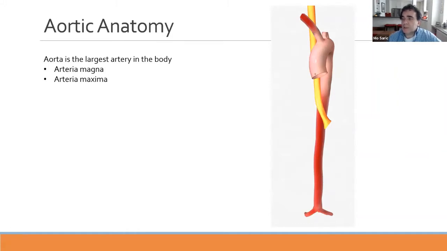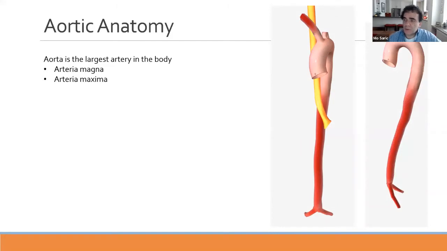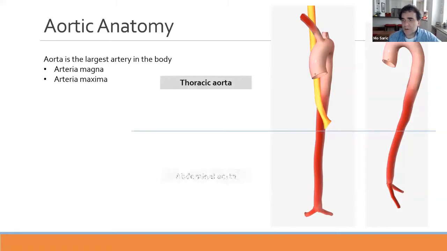This is another view, a side view of the aorta, showing all the appropriate parts of the aorta from its origin at the left ventricle all the way to the iliac bifurcation. At the top is clearly the thoracic aorta, and at the bottom is the abdominal aorta, separated by the diaphragm.